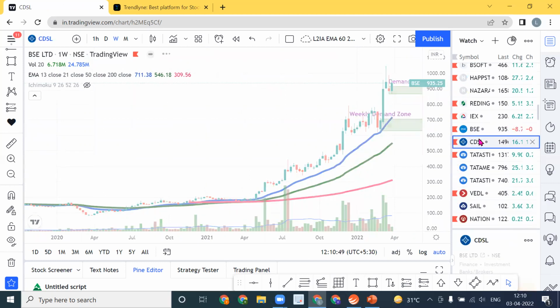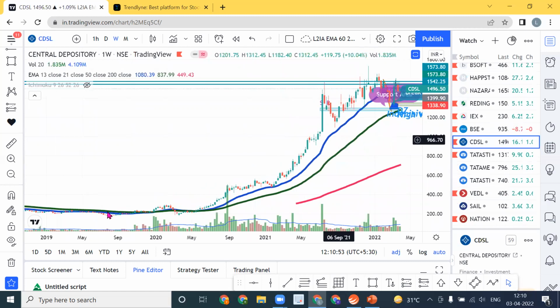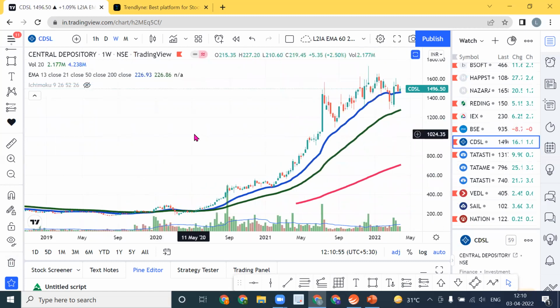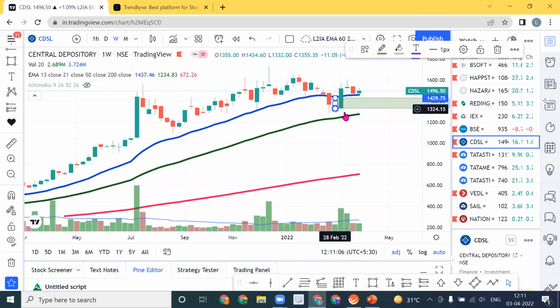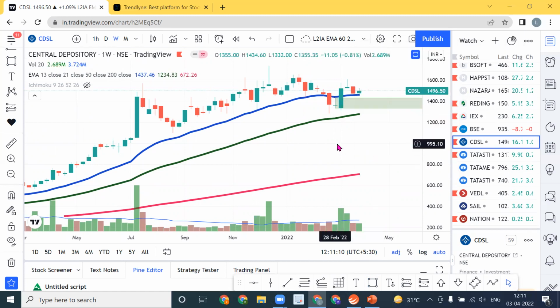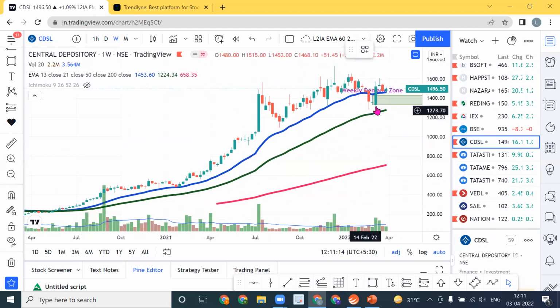CDSL. Can you see here? I'll remove all the drawings. Here it is, a drop, base, and a rally. So there was a demand zone which was formed recently here. It is on the weekly chart. So it's nearly at its all-time high here.